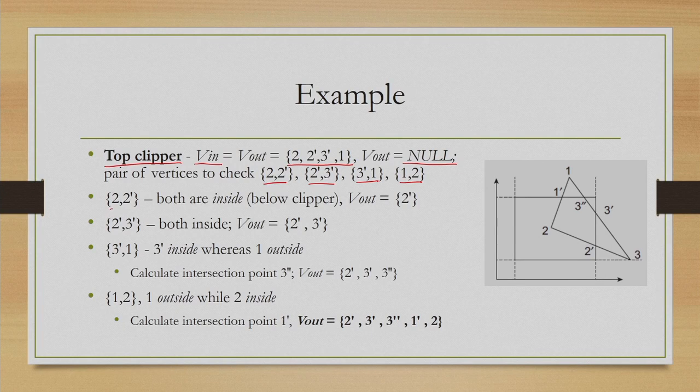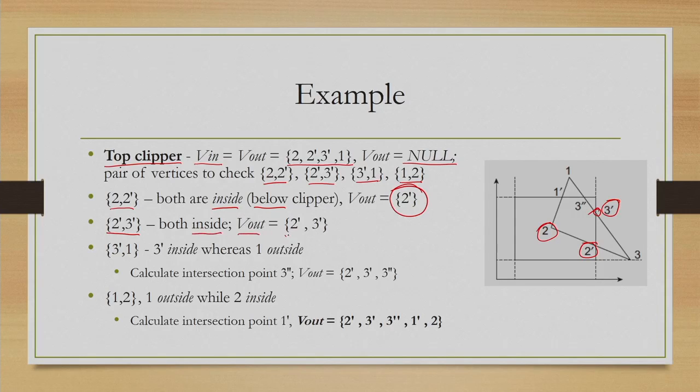First we check 2 2 dash against the top clipper and we find that both 2 and 2 dash are inside because both of them are below the clipper. So, the output list becomes 2 dash. Then we check the next vertex pair 2 dash 3 dash. Again both are below, so inside.